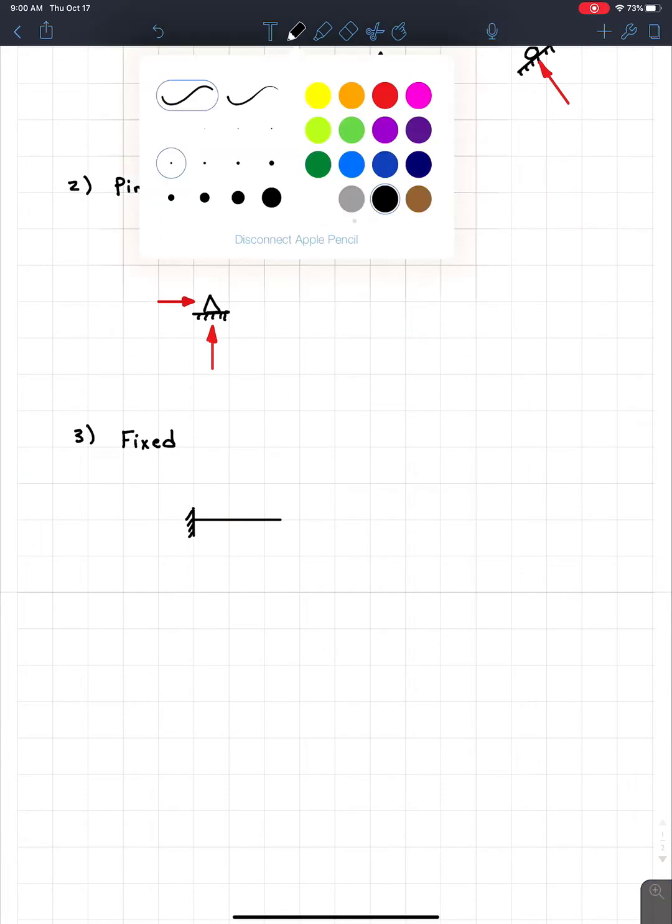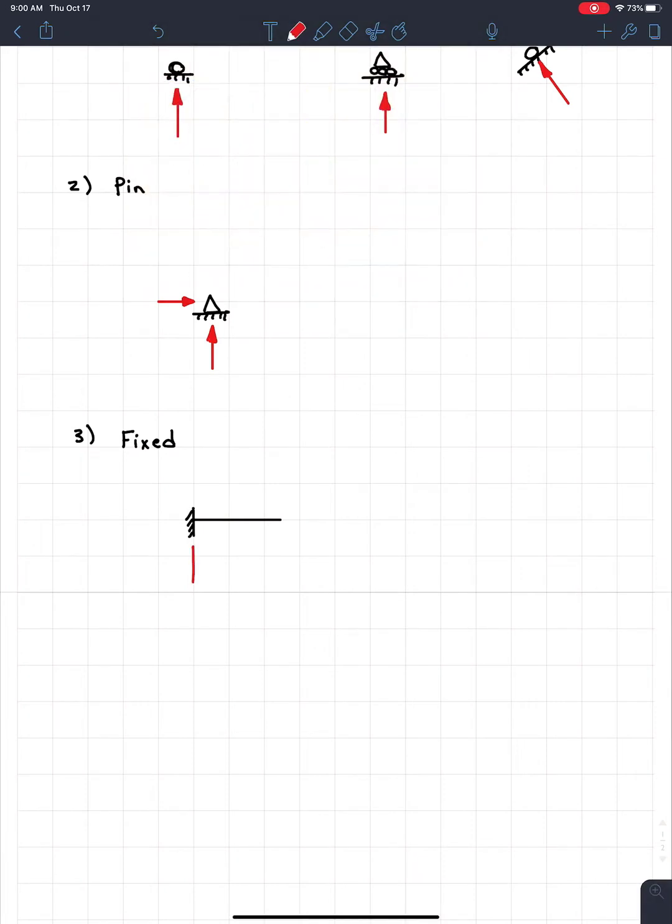And this case is very special because it restricts any movement just like a pin. So there's going to be those two reactions right here, just like a pin. But since it's so embedded into that wall, it also restricts rotation. And how do you restrict rotation? Well, there would be a support moment. So it's going to have a moment like this. So it's going to have three reactions: the moment and the two translational forces.